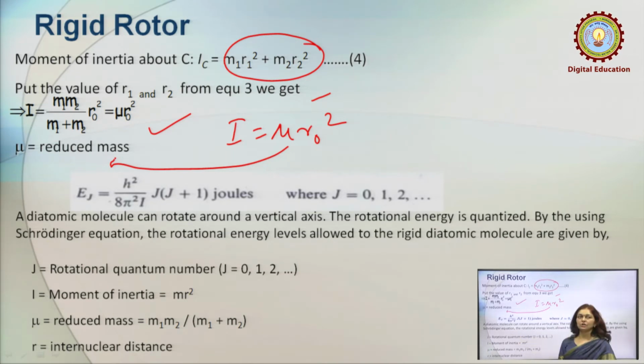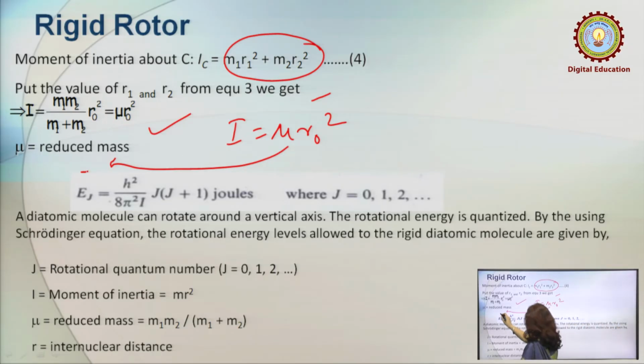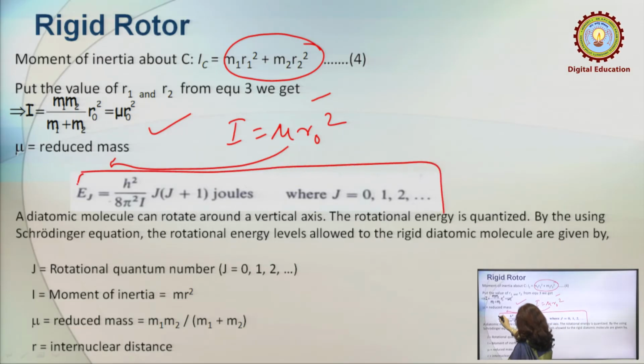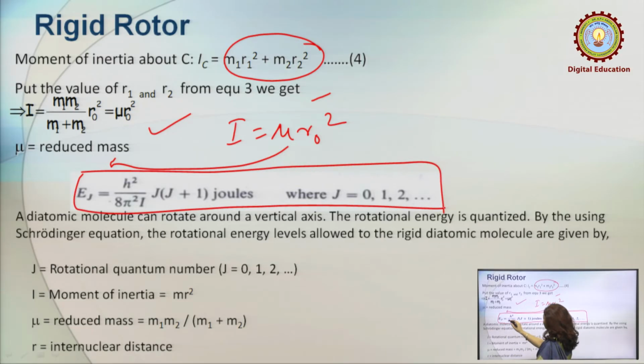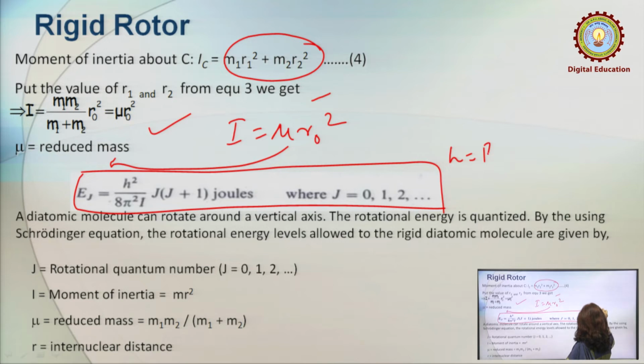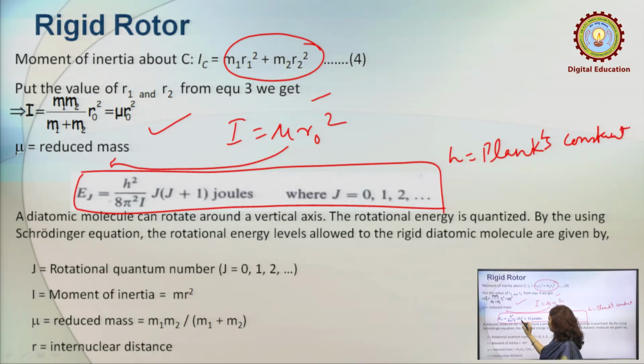Now, a diatomic molecule can rotate around a vertical axis. The rotational energy is quantized by using the Schrodinger wave equation. The rotational energy levels allowed to the rigid diatomic molecule are given by this equation: the rotational energy level is equal to h square, where h is Planck's constant, I is the moment of inertia and J is the rotational quantum number.